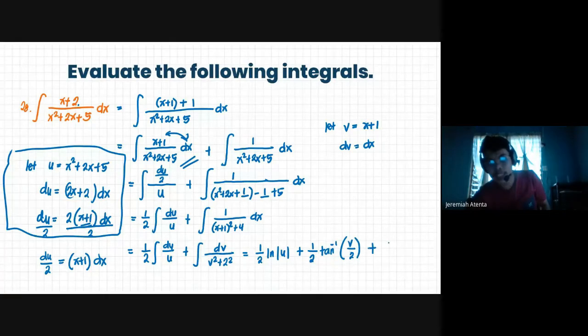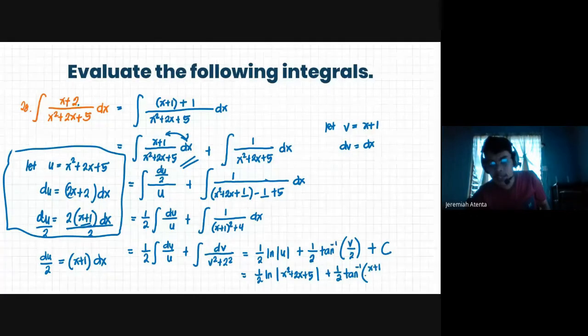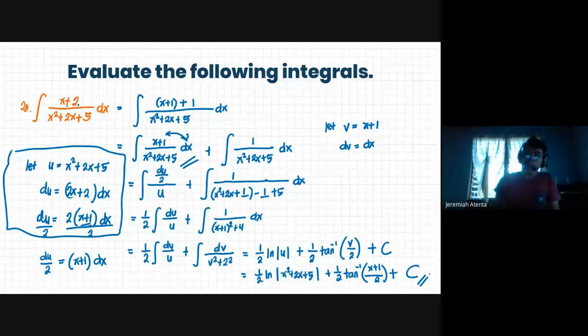So v over 2 plus c. And let us now substitute. So 1/2 ln u is just x squared plus 2x plus 5. Plus 1/2 tangent inverse of v, which is just x plus 1 over 2. Plus c. And this is now our final answer.